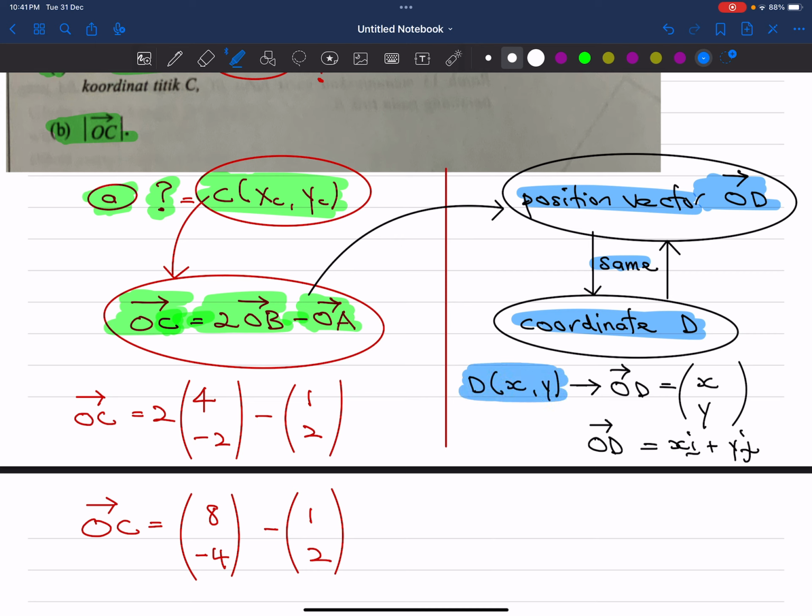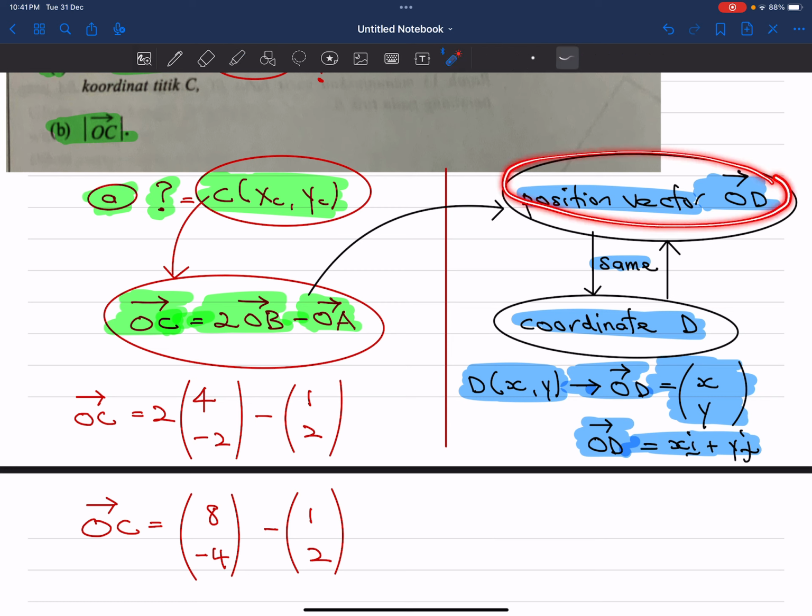So the point D has coordinate (x, y). Therefore, the position vector OD is (x, y) in column vector. We can also write the vector OD as xi plus yj.